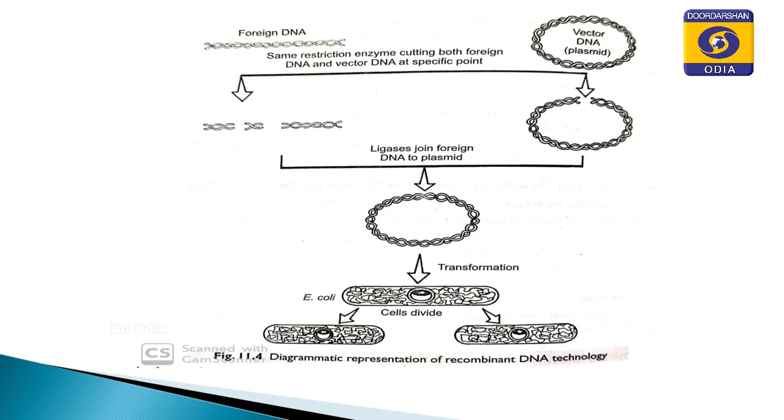Once it is growing to a particular extent, in the meantime we shall be taking out the culture, examining it for the expression of this particular product, and then we shall see that the product is ready, we shall take out the culture, then it will go for the downstream processing. In the downstream processing, this is nothing but the chemical engineering part.